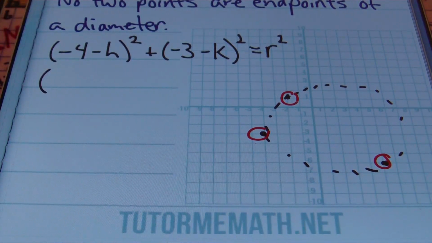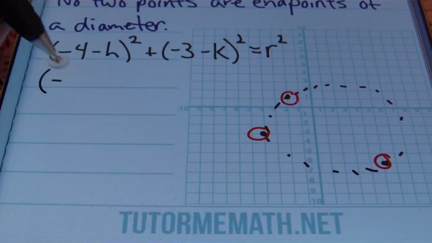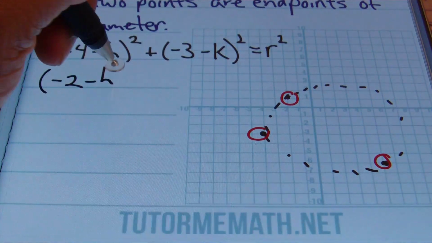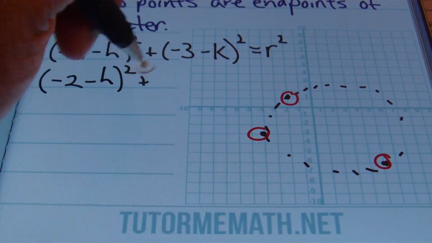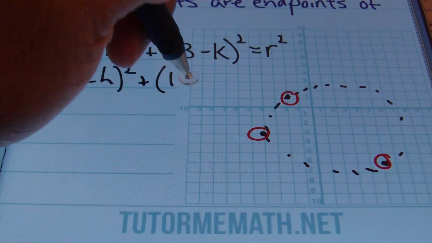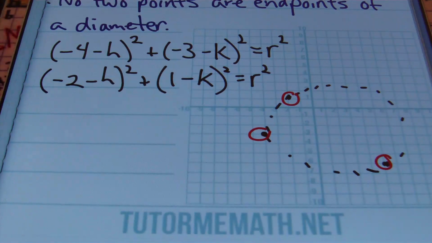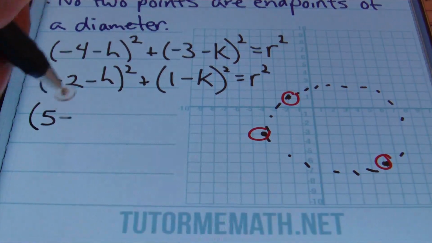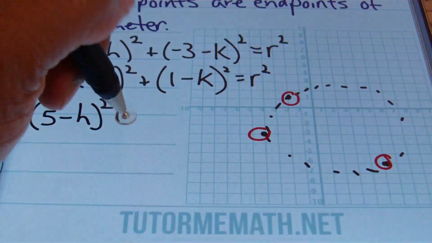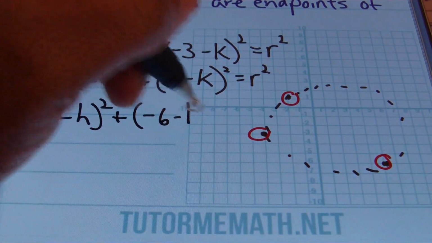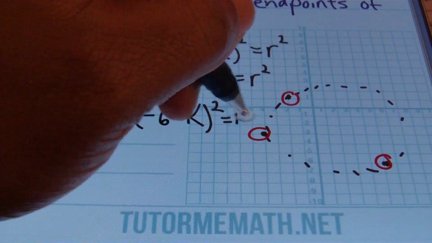And our second equation will have (-2 minus h) squared plus (1 minus k) squared equals r squared. And then finally our third equation will read (5 minus h) squared plus (-6 minus k) squared equals r squared.